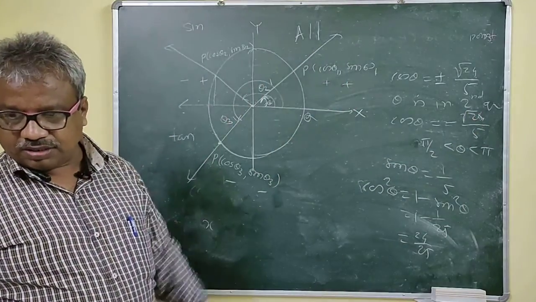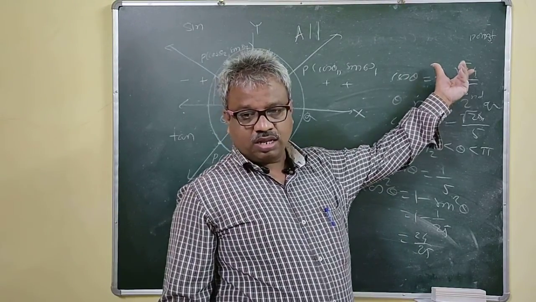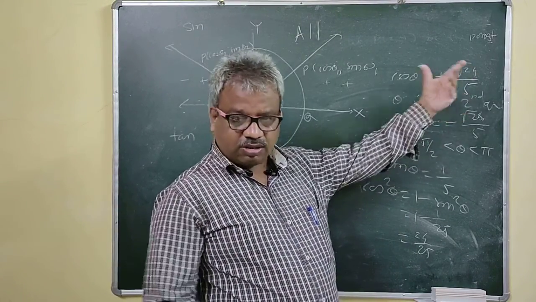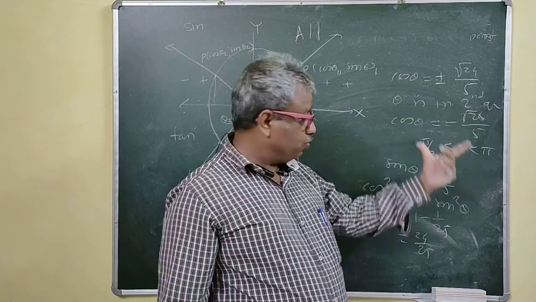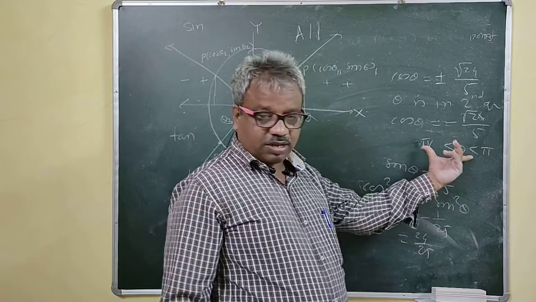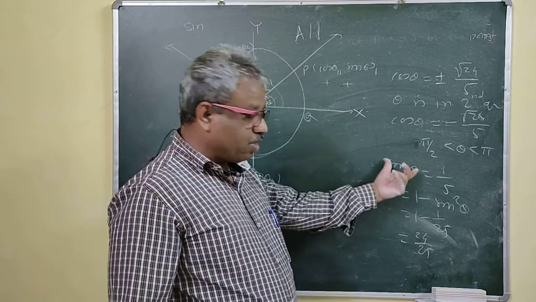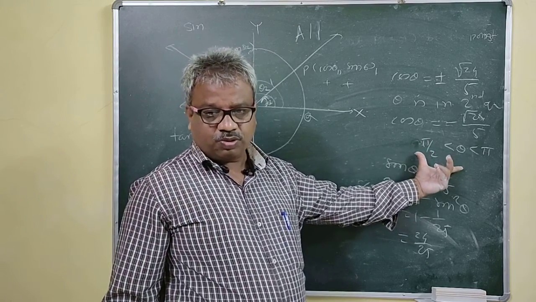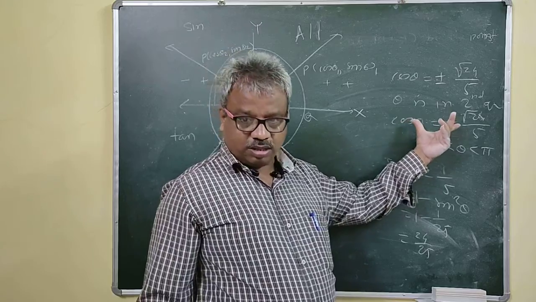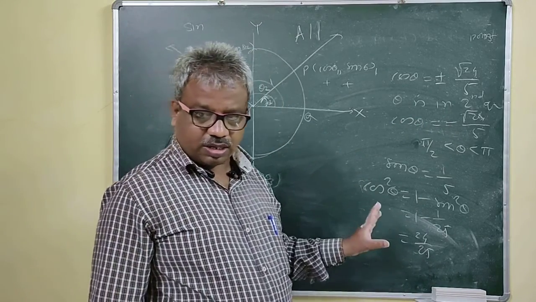Don't take the positive. Here you should consider both values only when the position of theta is not given. So this is the benefit of knowing the position of theta. If you have been given the value of sine, you should know the position of theta. If you know the position of theta, then you can find the exact value of the other trigonometric ratios.